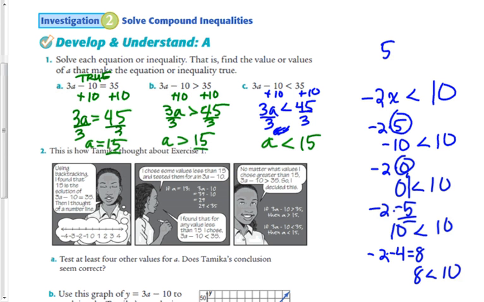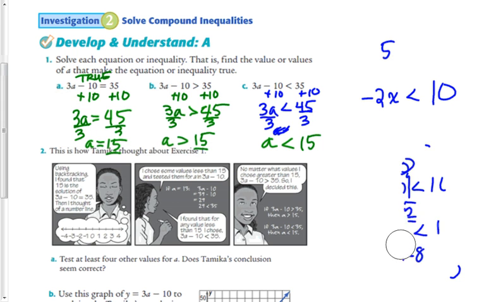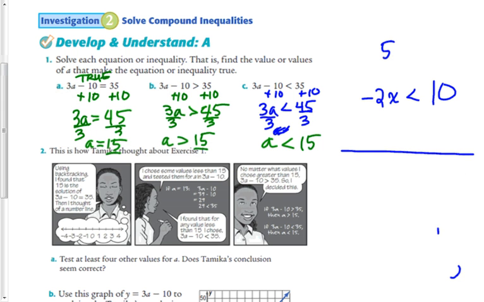So 0 worked, and 5 worked, and at negative 5 I got a number that didn't work. So all of the numbers in between were working, and I could count on numbers bigger than 5 also working. So my answer to this inequality is any number greater than negative 5.